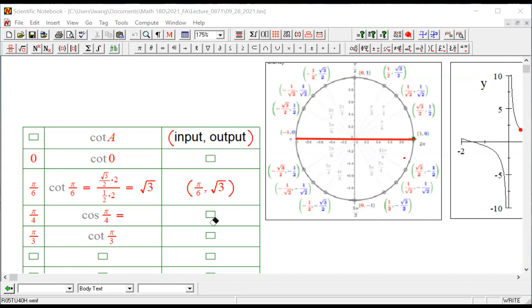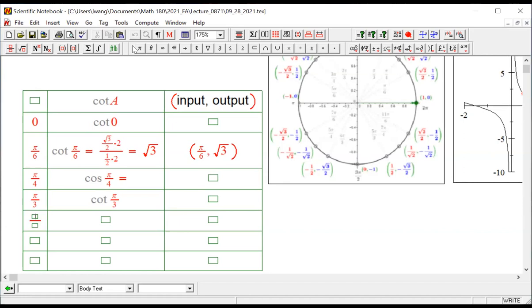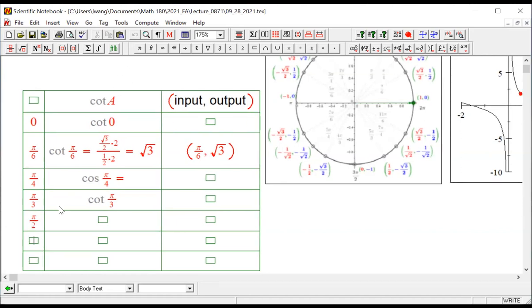Okay, so I'm going to give you a few more points. Pi over 2.